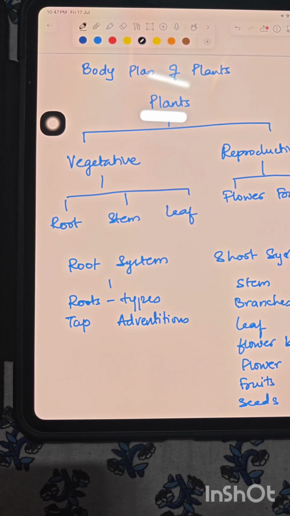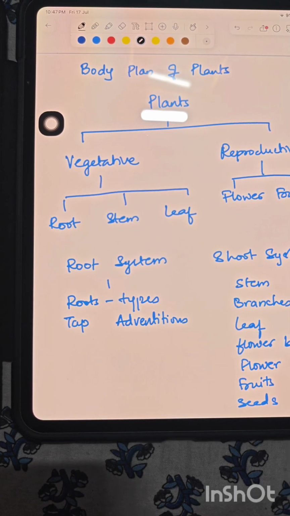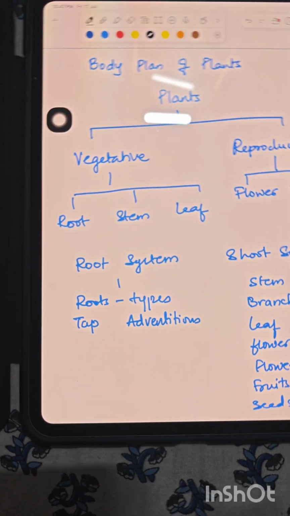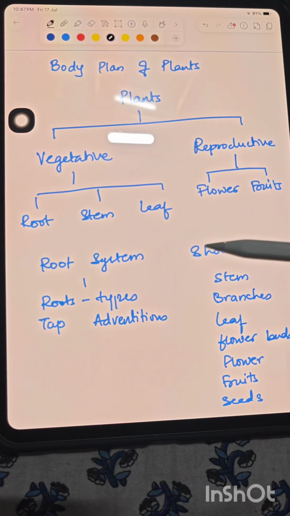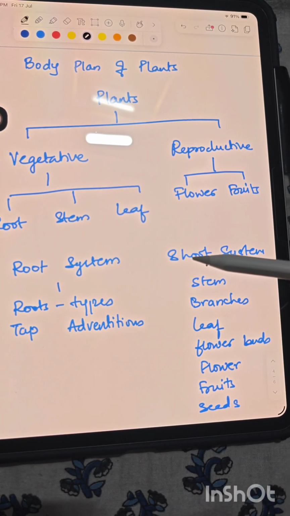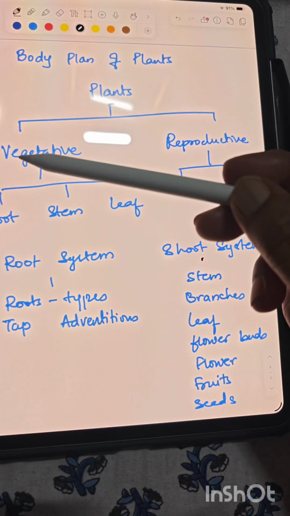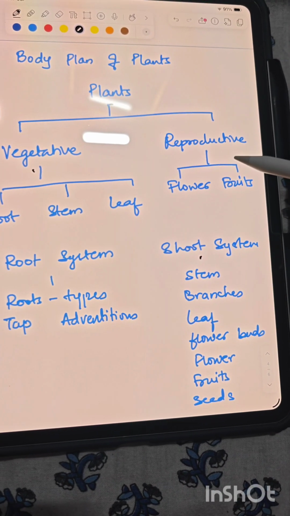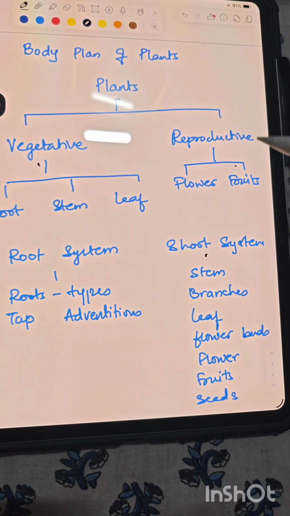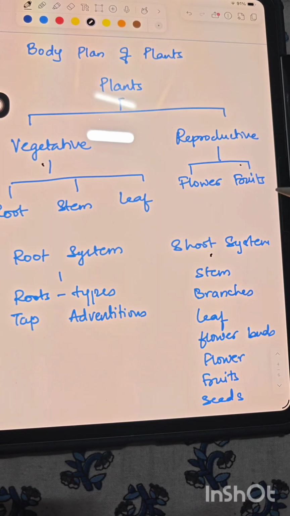Most flowering plants, that is angiosperms, have a common body plan consisting of two major parts: the root system and the shoot system. Basically plants are divided into vegetative and reproductive structures. In vegetative come root, stem and leaves, and in reproductive, the flowers and fruit.